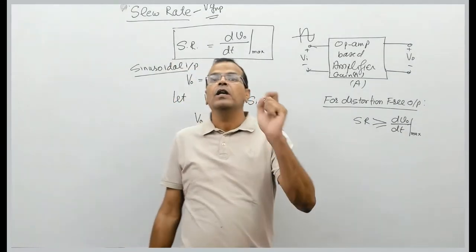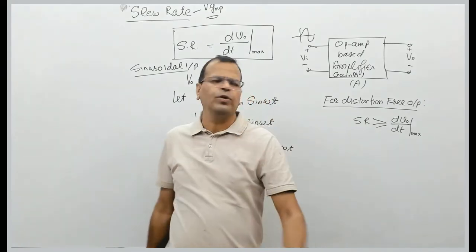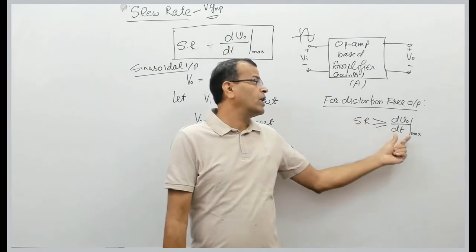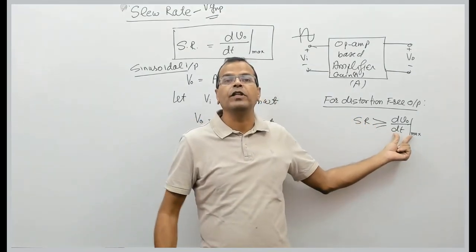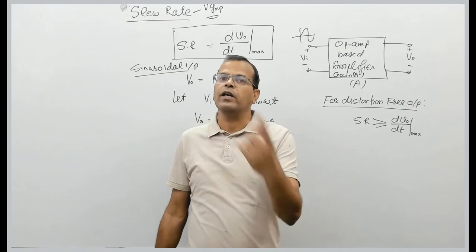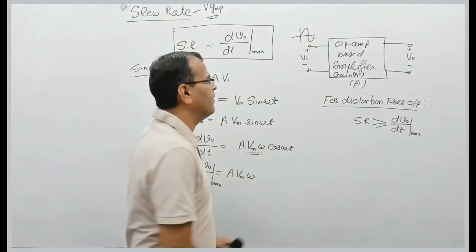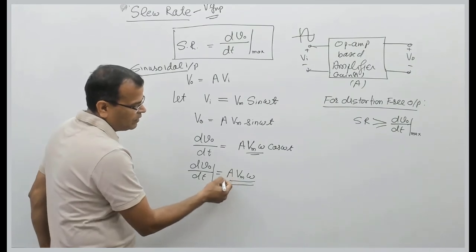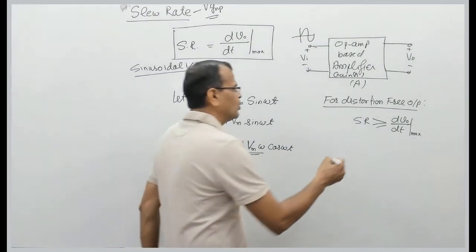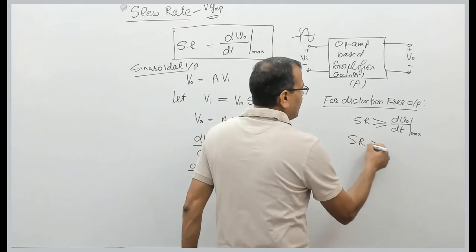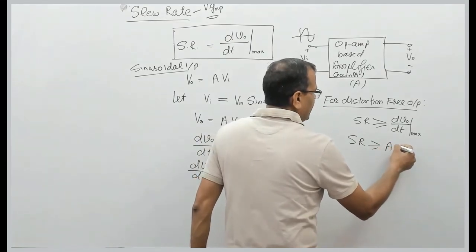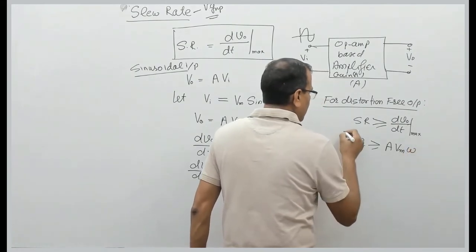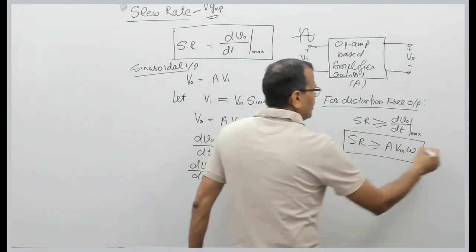So for distortion free output, the slew rate given in the data sheet should be more than or equal to the maximum rate of change of actual output of the op-amp. For sinusoidal input, the slew rate of the operational amplifier should be greater than or equal to A into Vm into omega. This expression is very important.